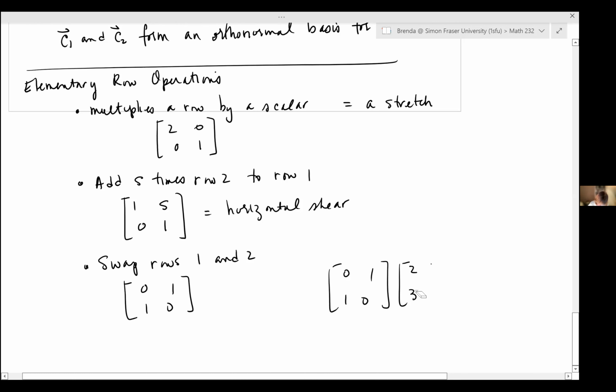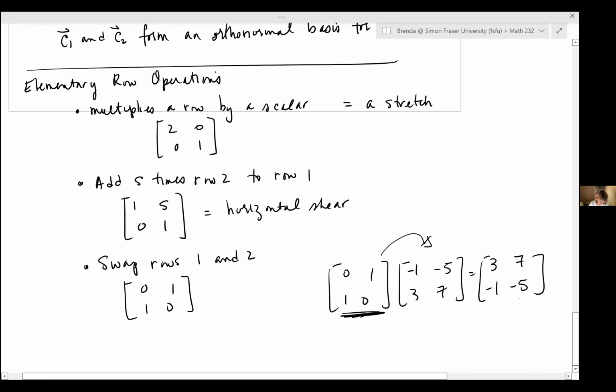Well, let me make the numbers more different so we can really see it. Right, swap the 2 rows. So this matrix has the effect on another matrix of swapping the 2 rows.